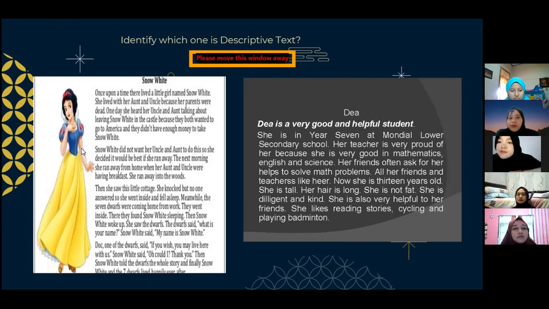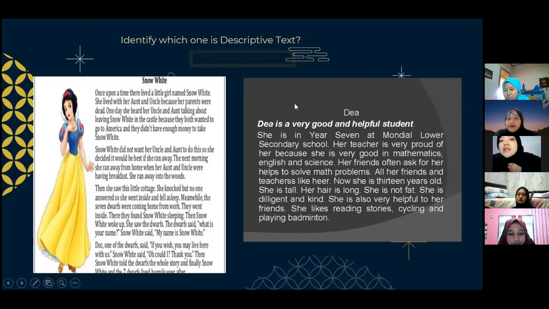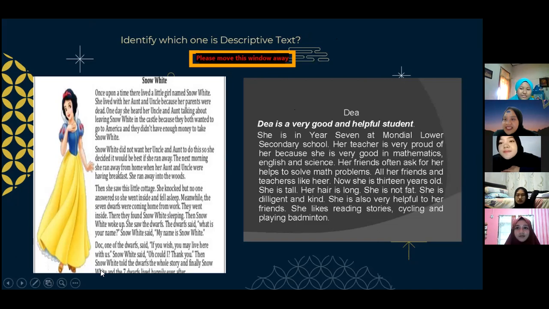So from "she is in year 7" until "playing badminton", what is the generic structure of it? I forgot, Miss, but it's not the identification. Can someone help your friend? I think the first is general information, and the second is specific information.